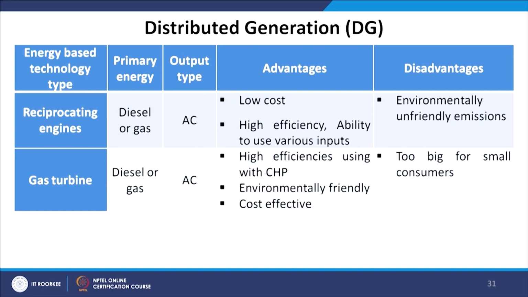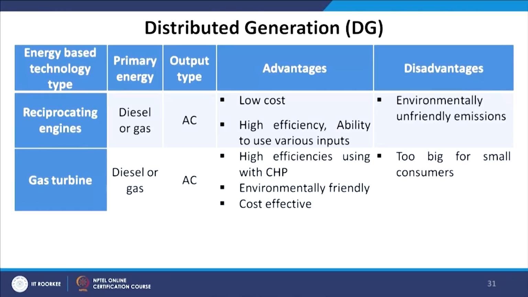Let us discuss them based on their energy technology type, primary energy, output type, advantages and disadvantages. This will give us an idea of the different types of distributed generators, how they can be integrated in my smart grid, what kind of merits we can achieve, and the limitations that you have to face.